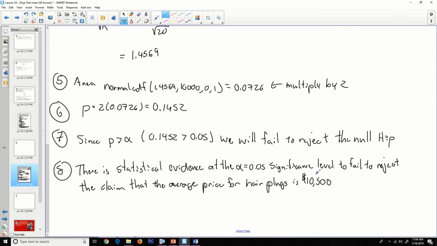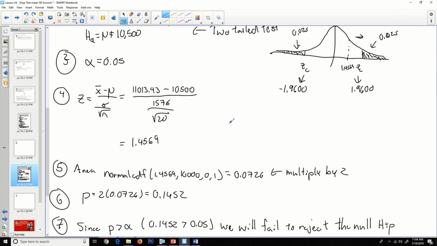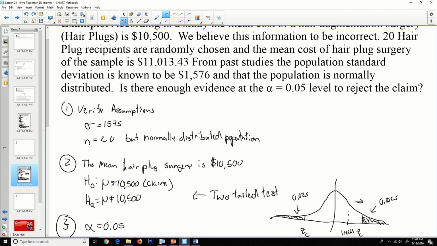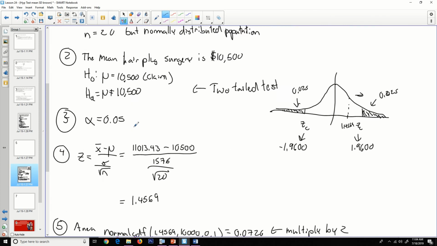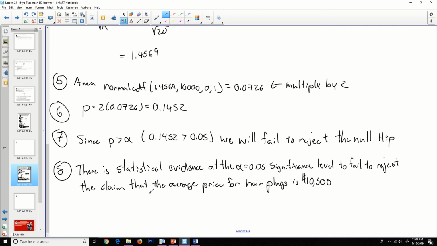And again, because the claim is in the null hypothesis, we can't support or not support. We either have to reject or fail to reject. And so that's how I come up with that. And that's all I got for today, folks.